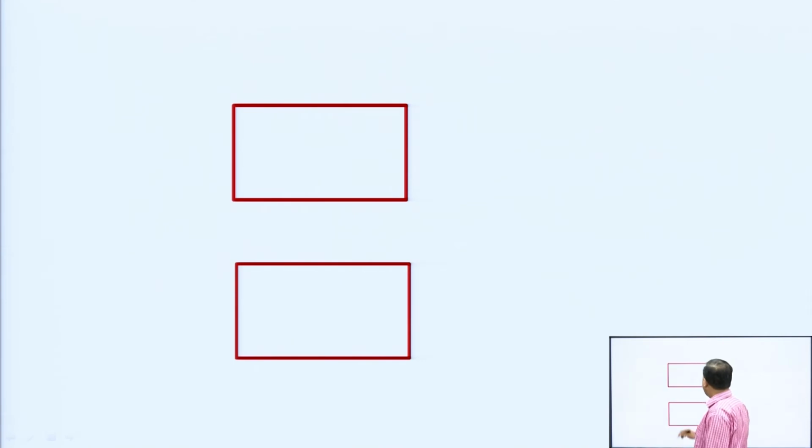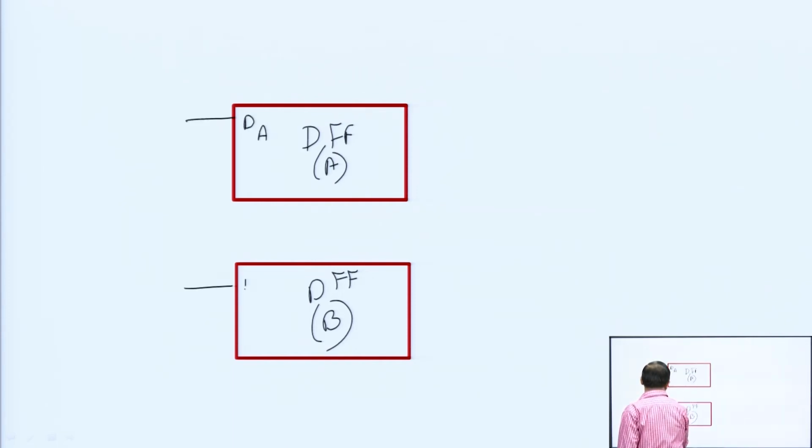So, two flip flops: D flip flop A and D flip flop B. Here will be D A, this is D B, this is Q A, Q A bar, this is Q B, Q B bar.